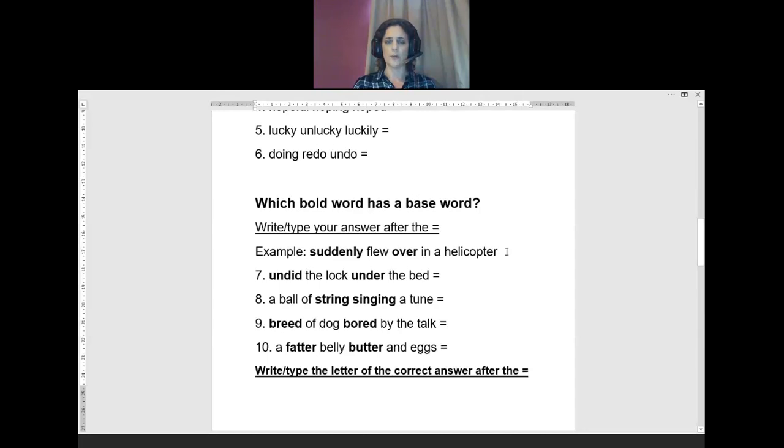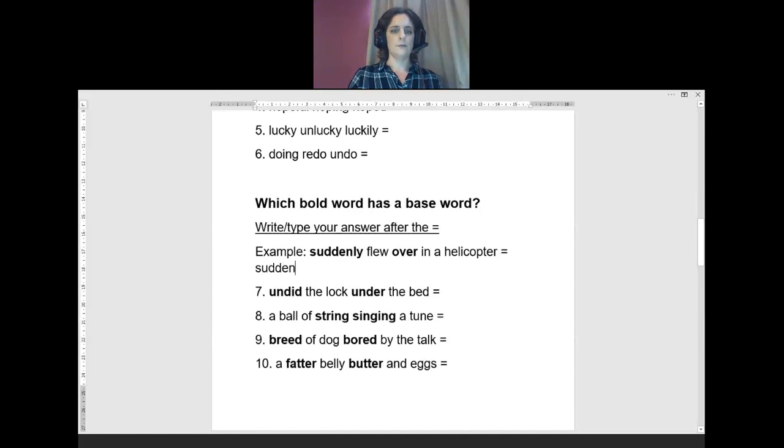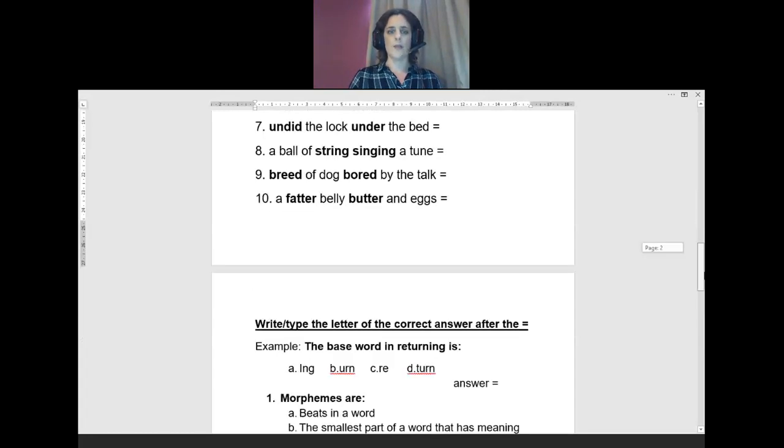Which one has a base word? I can see that suddenly has sudden and ly. So sudden is a word that can stand on its own. So it's suddenly that has a base word. So I'm going to write suddenly here. There we go.